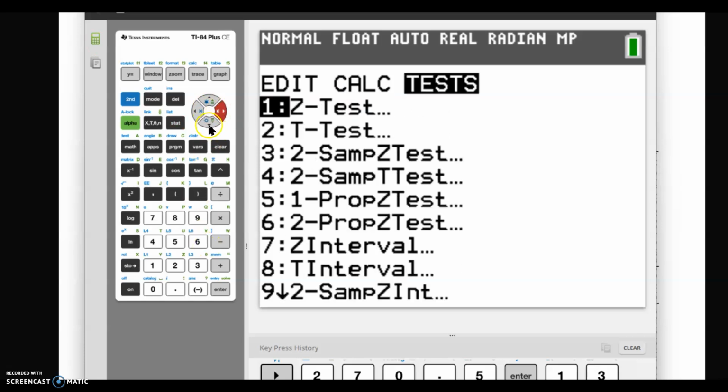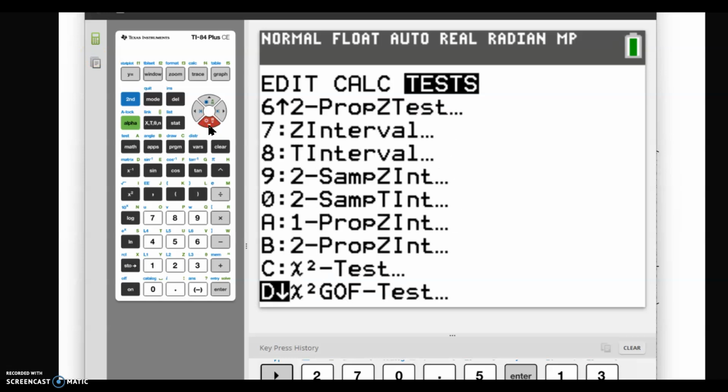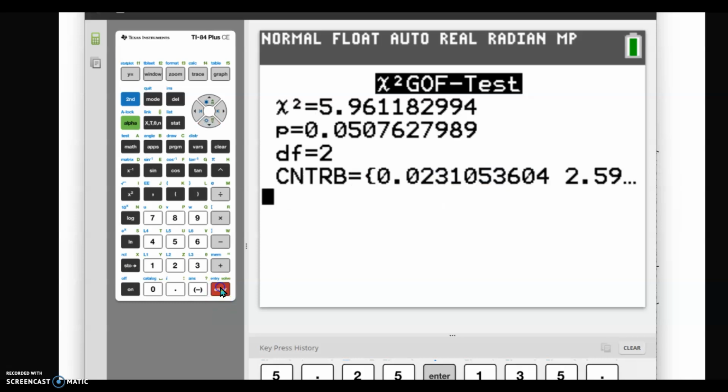We're going to arrow down to chi-square goodness of fit test, which is option D. Our observed are in list 1, our expected are in list 2. We do have 3 different groups, so our degrees of freedom is 2. So we do have to, unfortunately, enter that, that's not auto-populated. And then we're going to hit calculate.